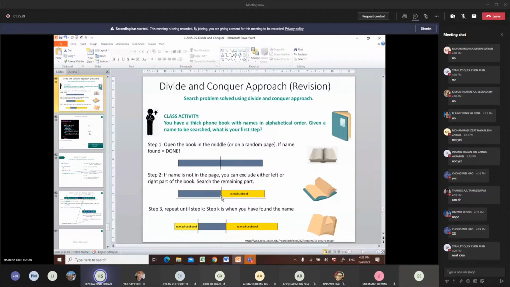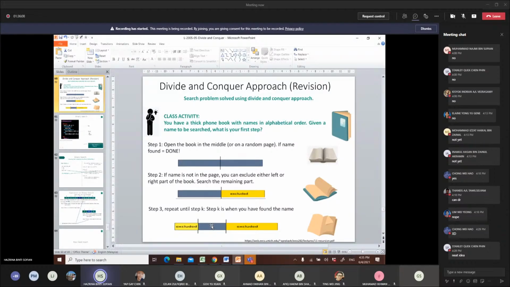Maybe here can be M. Then we know that A is earlier than M, that's why we can exclude all this. A is still not a good example. Let's say I. So we know that I is somewhere here. That's the concept of binary search.